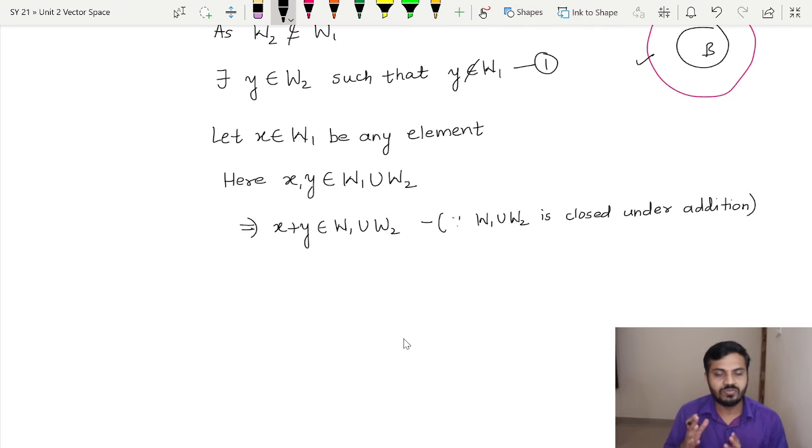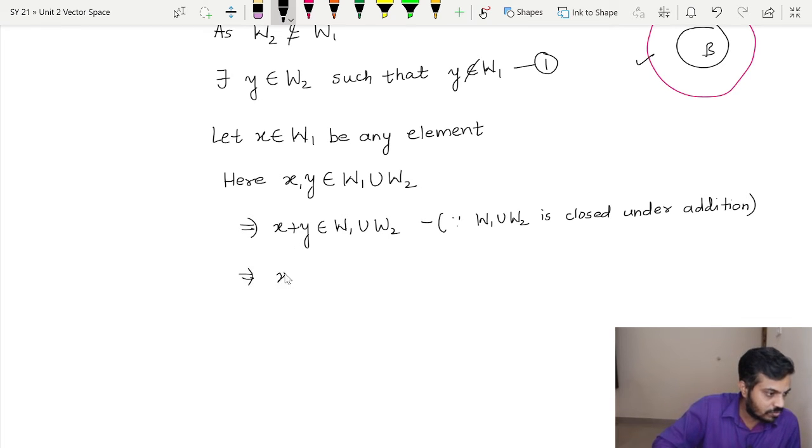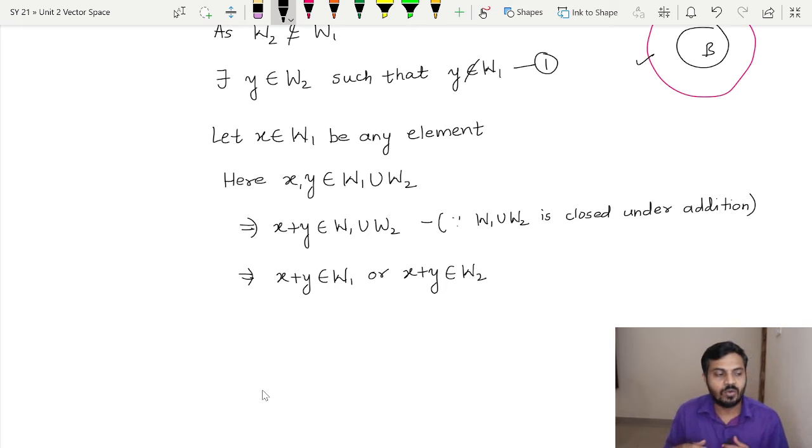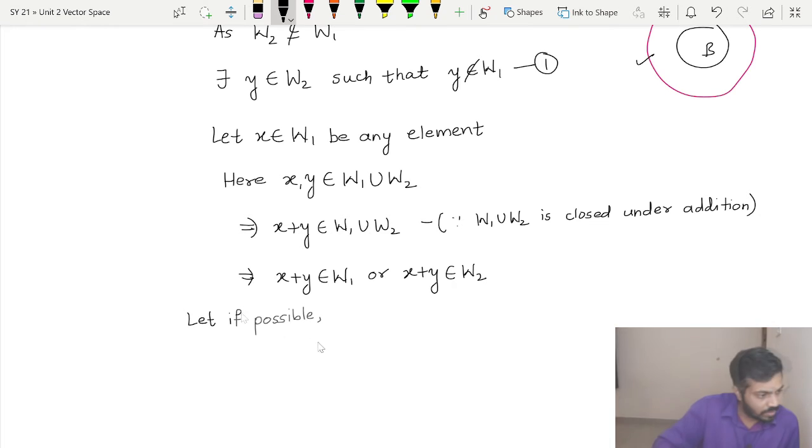Now since X plus Y belongs to W1 union W2, according to the definition of union, it implies that either X plus Y belongs to W1 or X plus Y belongs to W2. Now let us see what happens if X plus Y belongs to W1. So let, if possible, X plus Y belong to W1.